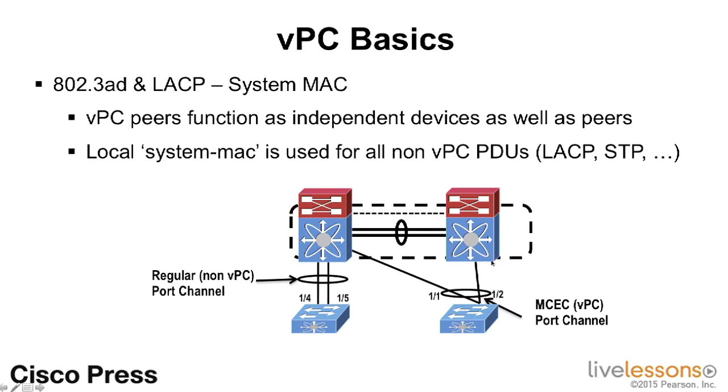It's important to note that when you're not using VPC, the local system MAC is used for all non-VPC PDUs: LACP, spanning tree protocol, etc. We'll talk about functionality that's been added to VPC called peer switch later on that allows for better STP convergence.